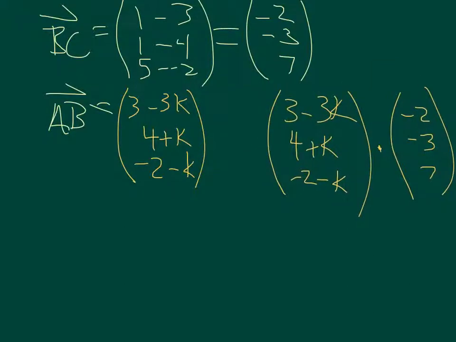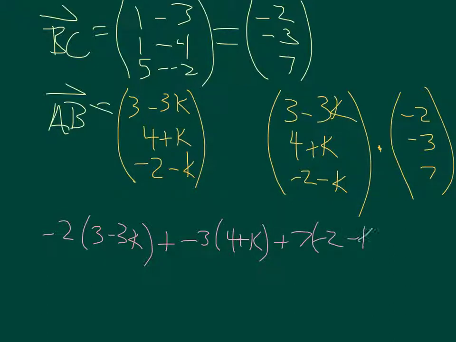That's what we're trying to find. So here we go. We do negative 2 times 3 minus 3k plus negative 3 times 4 plus k plus 7 times negative 2 minus k equals 0. Remember, these two vectors are perpendicular. We are told that in the problem, which means dot product equals 0.